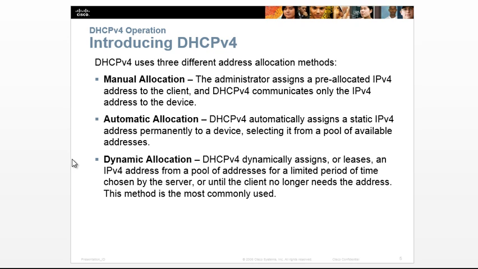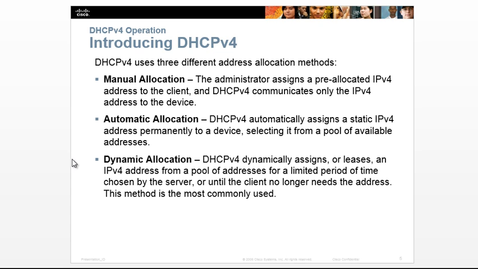So in manual allocation, the administrator assigns pre-allocated IP4 addresses to the client, and the server communicates only via the IP4 address to the device. In an automatic, it's assigned a static and its address is permanently to that device, selecting it from a pool of available addresses.